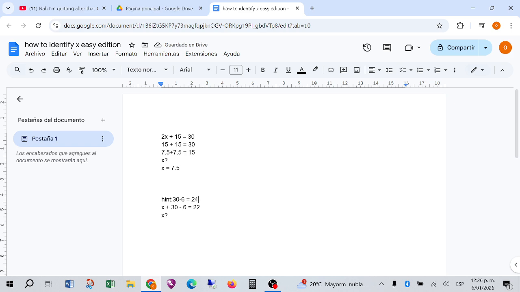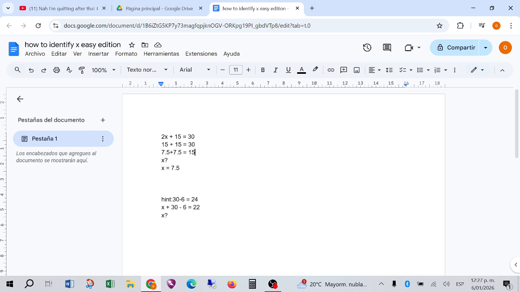With that logic, you can figure out this problem. So, can you solve it? Remember what this means. As 7.5, if it's plus 2 times is 15, and that number plus that number gives us that.